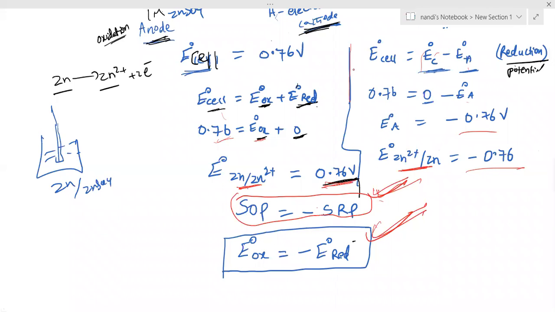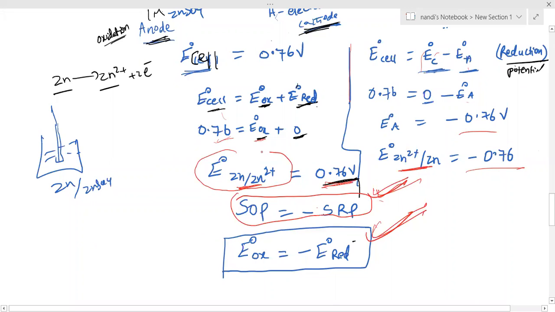Now we are going to do some points, and after that you will get questions. What is the meaning of oxidation potential and reduction potential? How to represent oxidation potential? Please look here: zinc to Zn2+ is oxidation, loss of electrons; reduction is exactly the reverse.